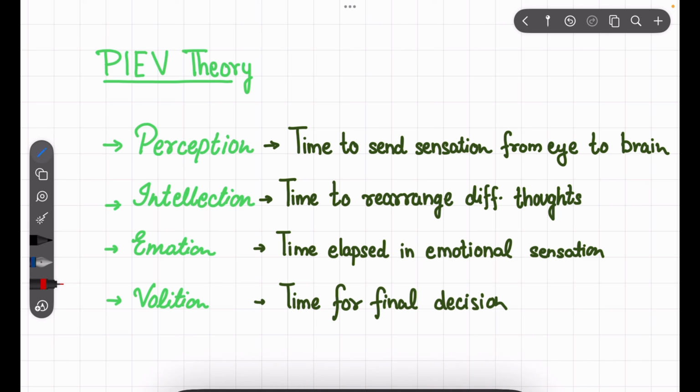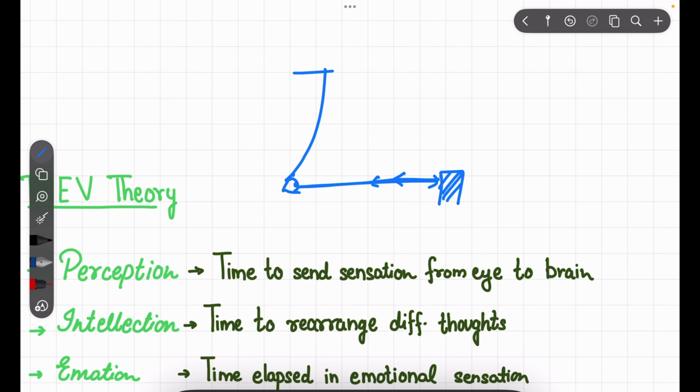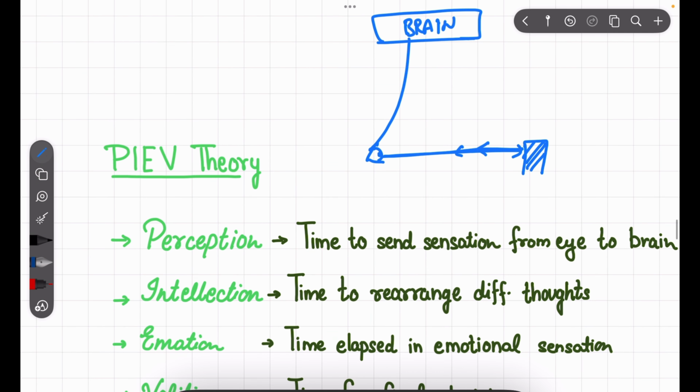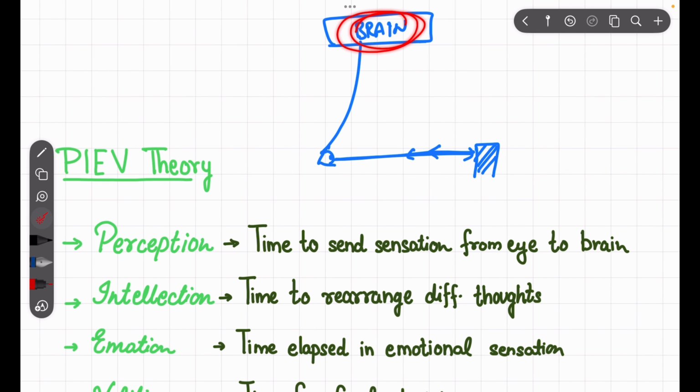At first, the human eye perceives the situation, and the signals are sent to the human brain. That is what we call perception, the time to send sensation from the eye to the brain.